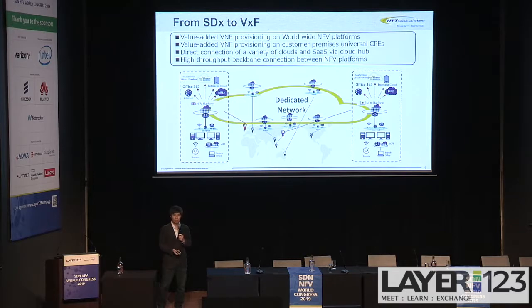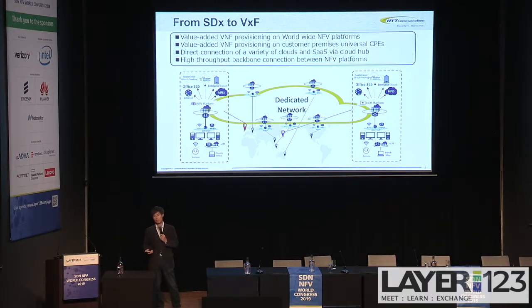Also, one thing you should notice is that via the NFV POP, we provide private connection to different cloud providers, including AWS and Azure. We provide a very flexible interconnection to the cloud providers via our POP.